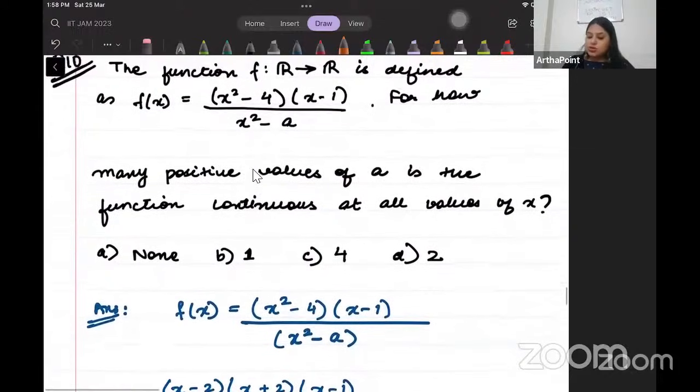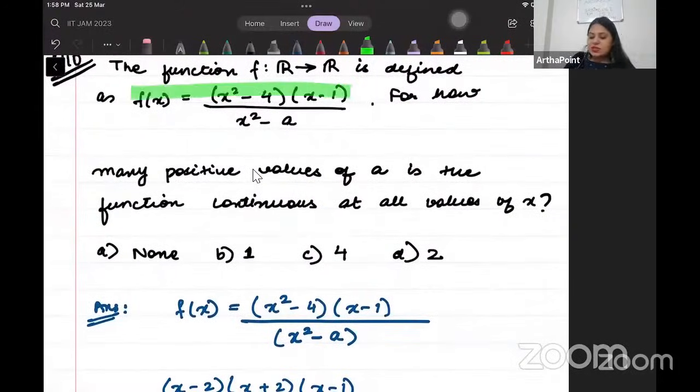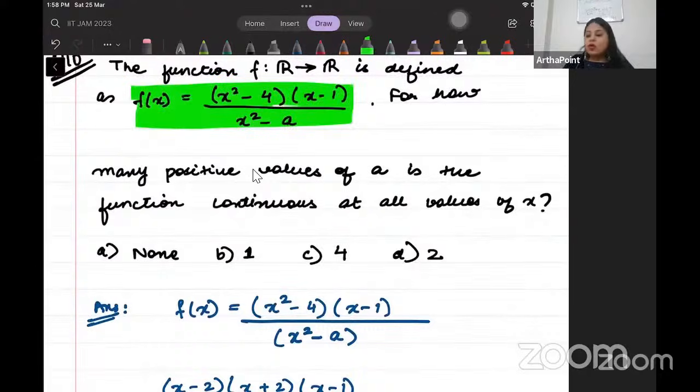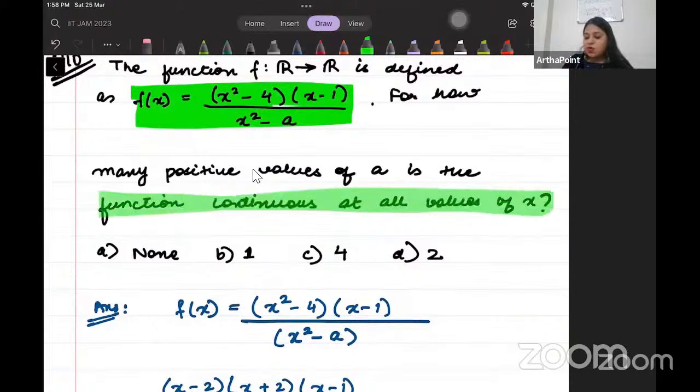The function is defined as this. For how many positive values of a is the function continuous for all x? Now just take this.